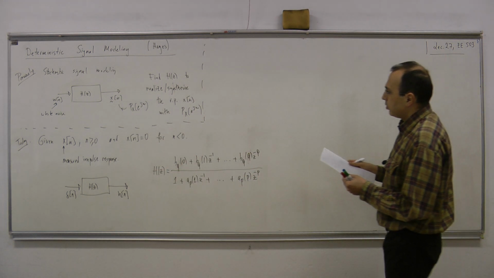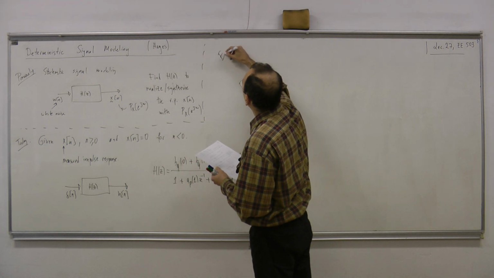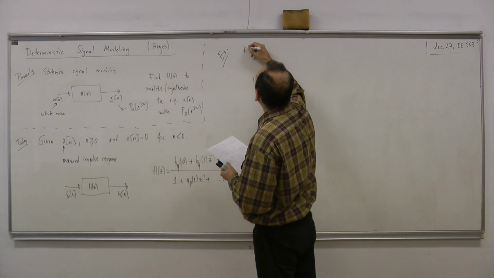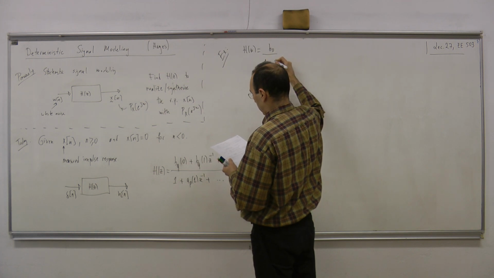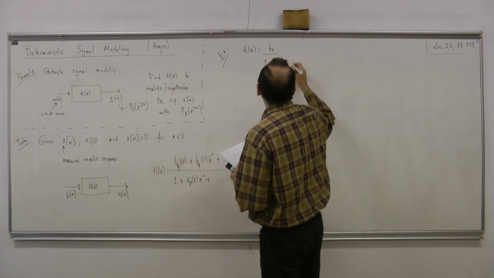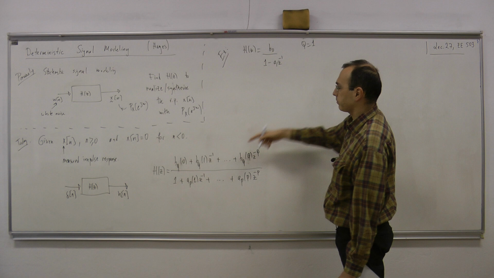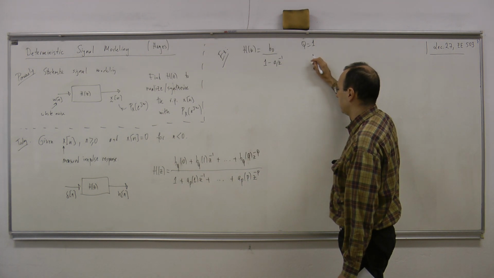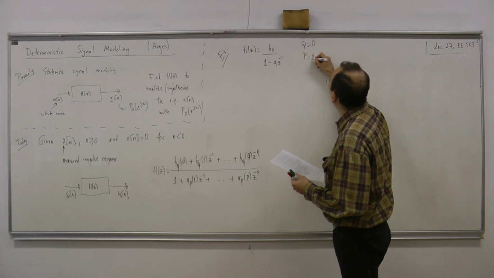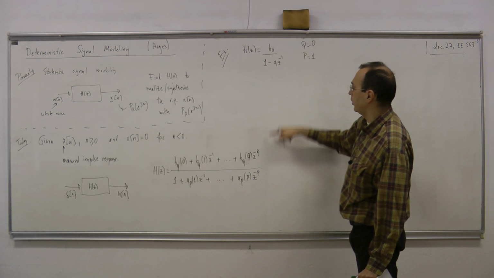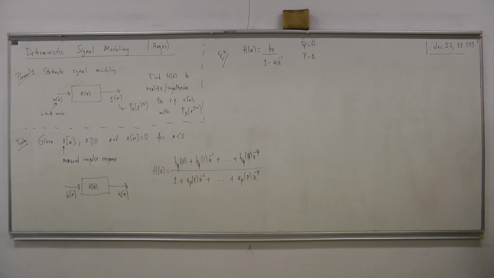So let me start with this example for the illustration. Let's say that my H(z) is b0 over 1 minus a1 z^{-1}. Here I have q equal to 0 and p equal to 1, because as you see, I have a 0th degree polynomial in the numerator and a first degree polynomial in z^{-1} in the denominator.